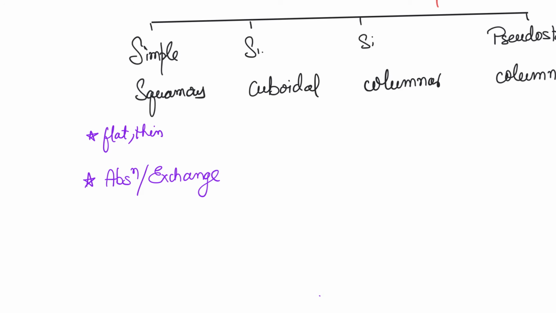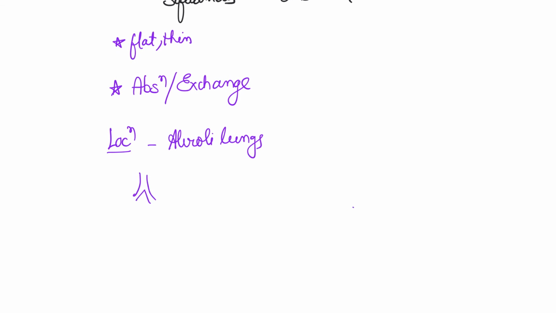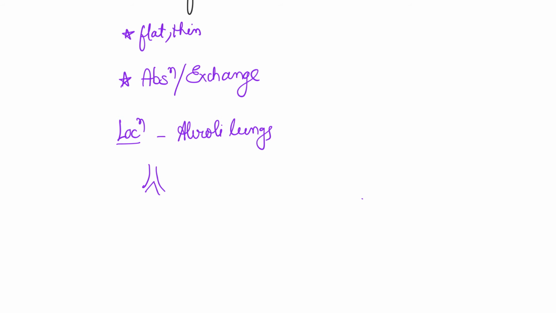Things can cross them very easily. So you can expect that the location of simple squamous is the alveoli of the lungs. What are alveoli? Your lungs have the windpipe, which bisects, one entering each of the lungs.